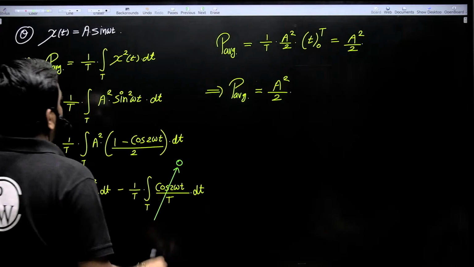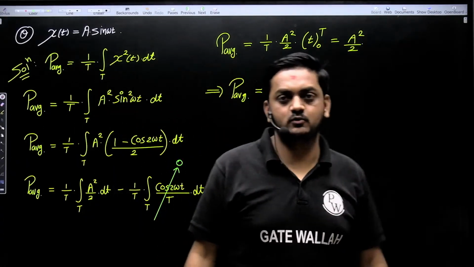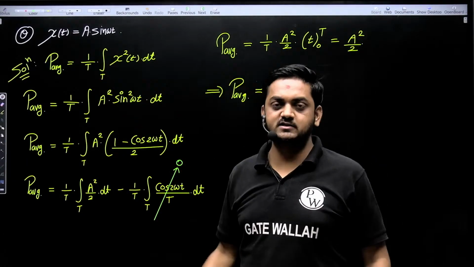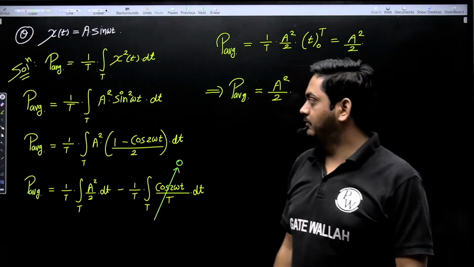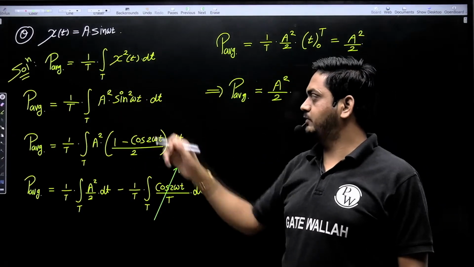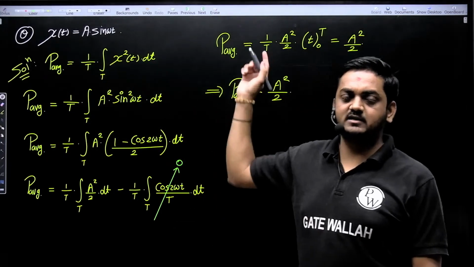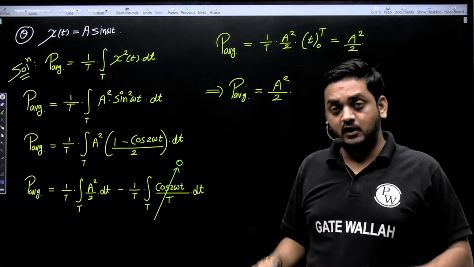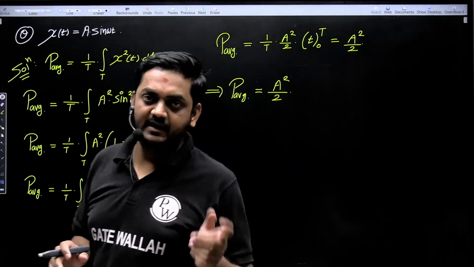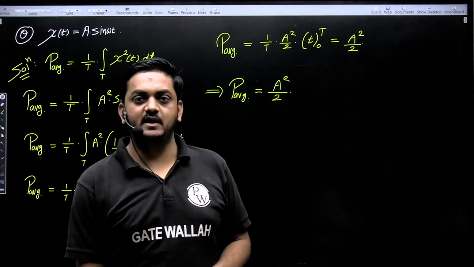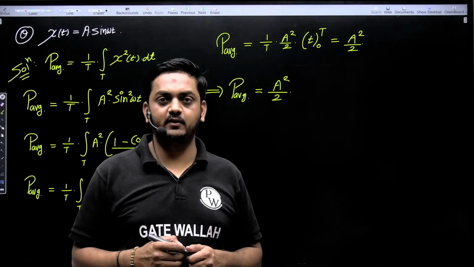Clear? Now instead of sine, suppose it is cos, guys. Replace sine with cos. Is there any change in the answer? No. If you replace sine with cos, then cos square omega t becomes (1 plus cos 2 omega t) divided by 2, and the final answer remains the same, correct? If you add an additional phase angle, it doesn't alter the power of the given signal.